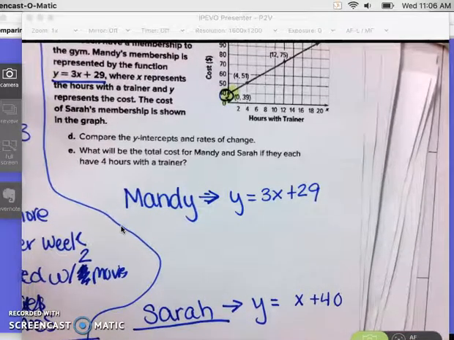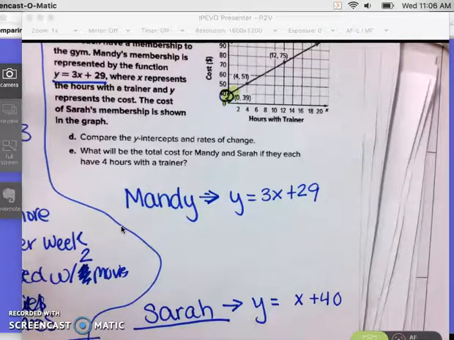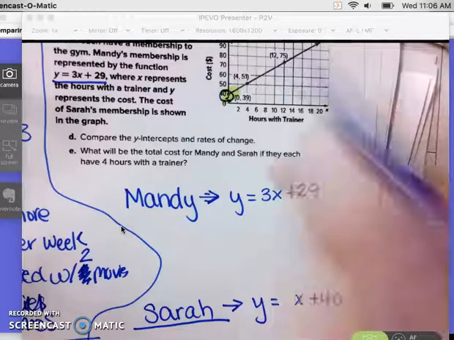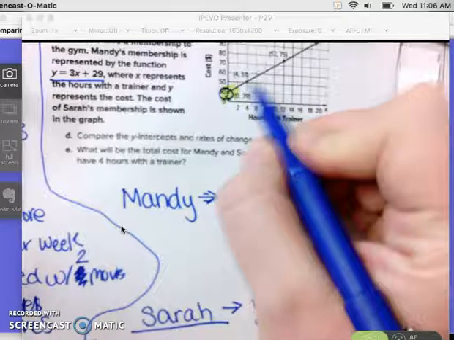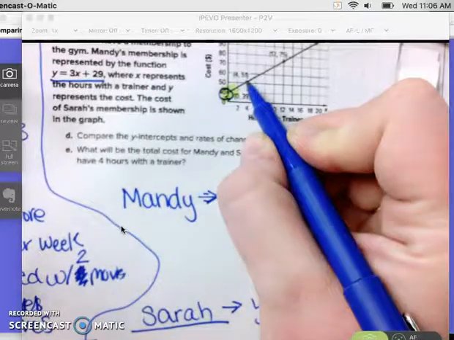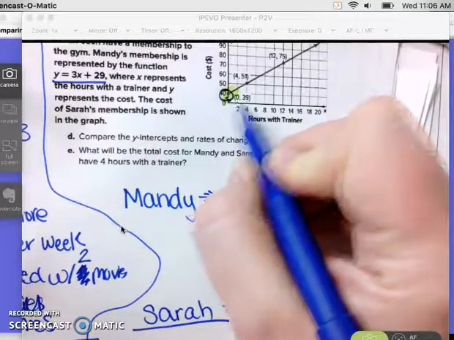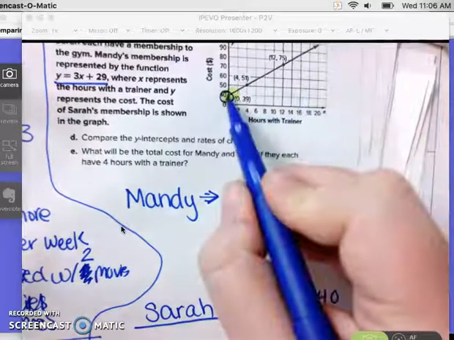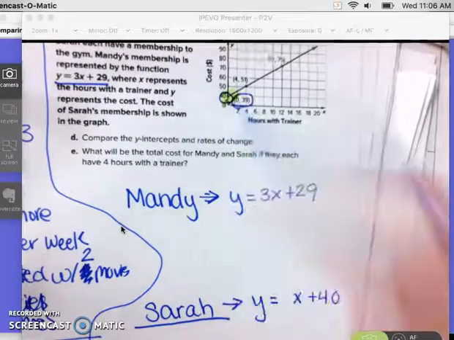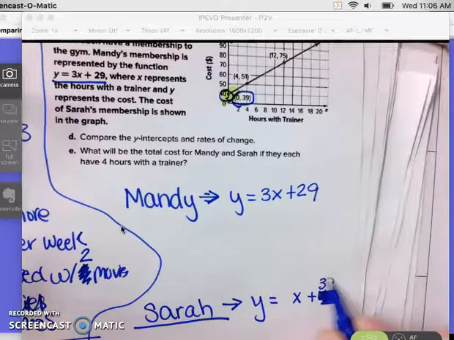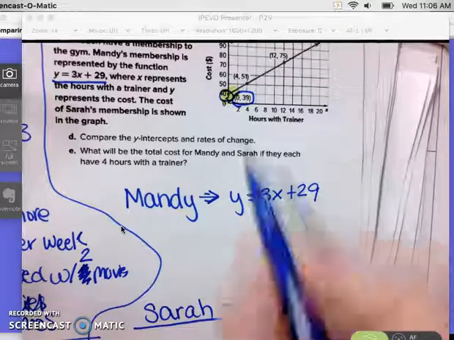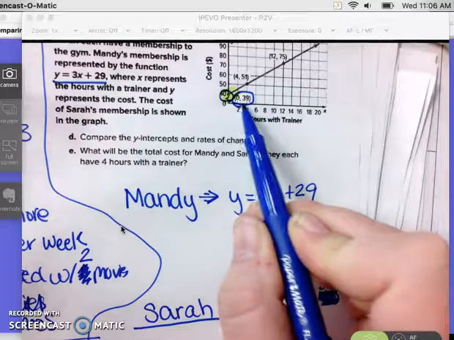Okay, but now I still have to find my rate of change, or my slope. So, from a graph, it's rise over run. So I can go from this point to this point. So, or if, oh no, it's not 40, sorry, it's 39. I didn't notice that. I thought it was at 40. That point right here, 0, 39.